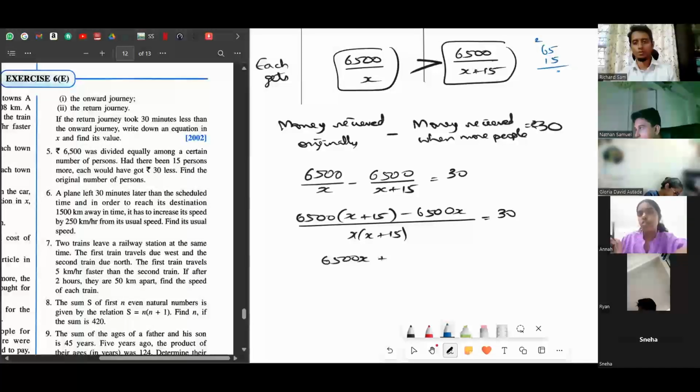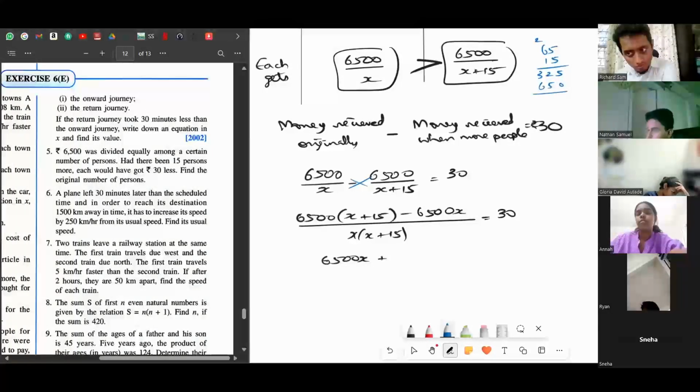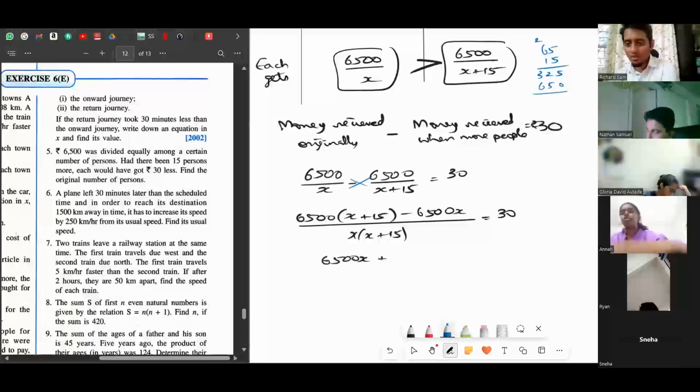Now we have to cross multiply 6,500 and x plus 15. Yeah, like this. I thought it was only for adding? Only for when there is some addition sign? Addition or subtraction, same rules.